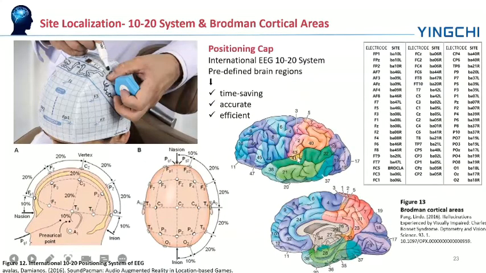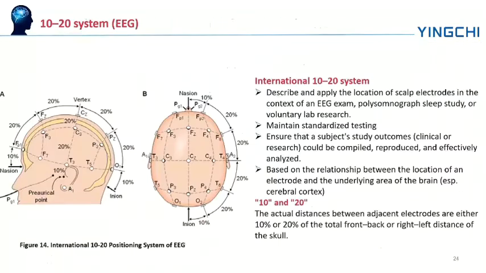So we recommend using a positioning cap, which has predefined brain regions according to the International EEG 10-20 system. Each electrode corresponds to Brodmann cortical areas, and when using this cap, it is really easy to find the site the operator wants, and it is accurate and efficient.